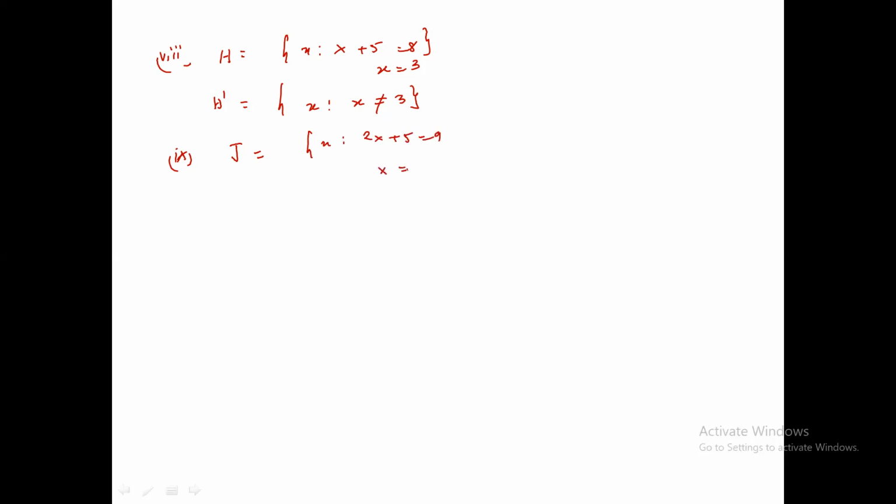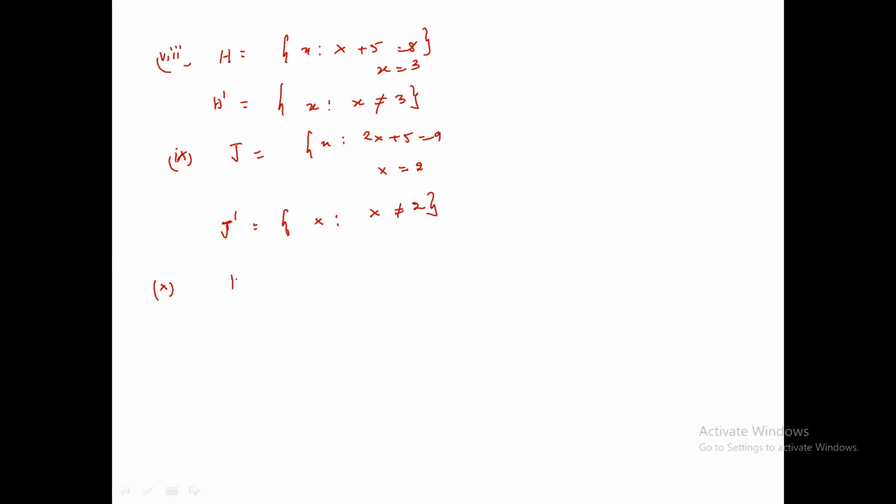So x will be 4 over 2, that is 2. If you take J dash, you will have x such that x is not equal to 2.